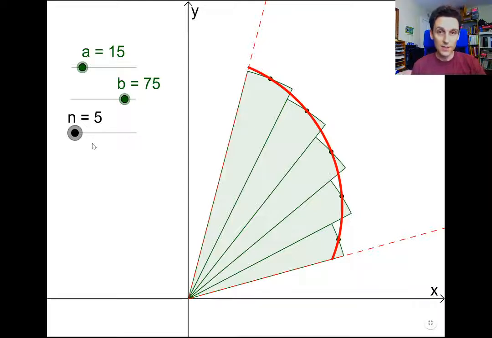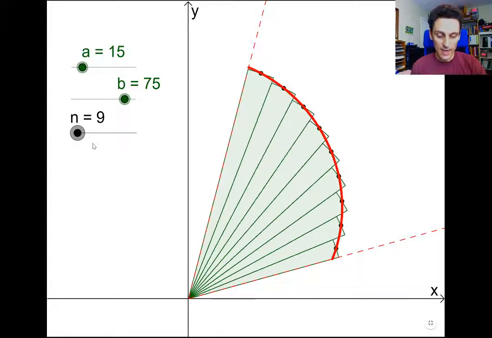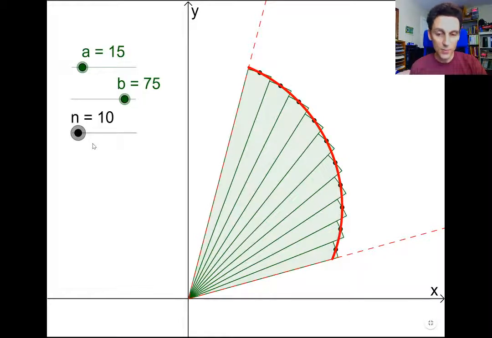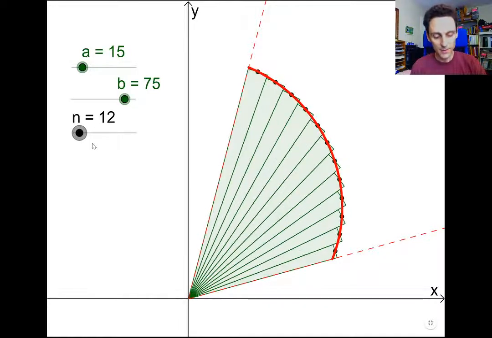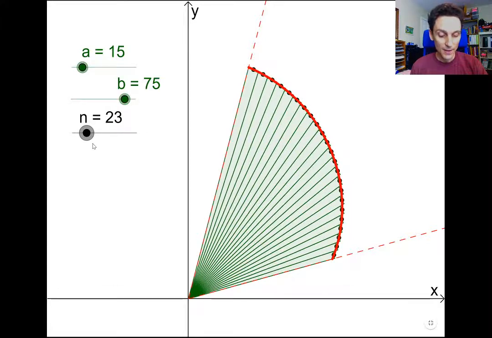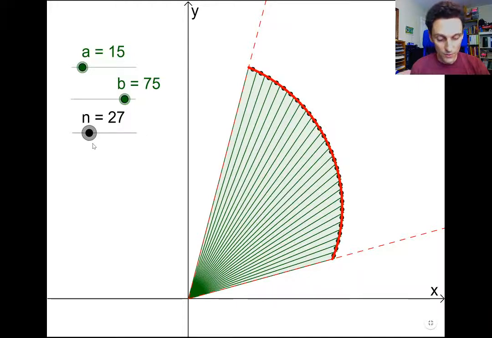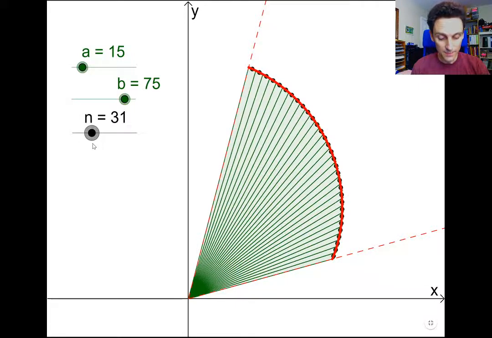So here's 5 subintervals, 6, 7, 8, 9, 10. This is looking more and more like figure 2 in the notes. The more subintervals you use, the tighter the sectors are going to be to the true area of the region.